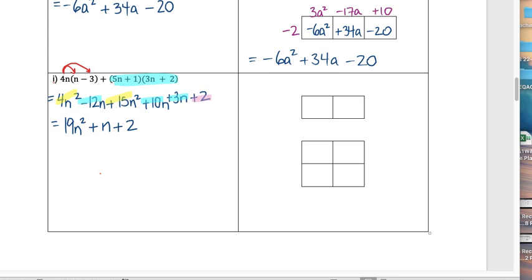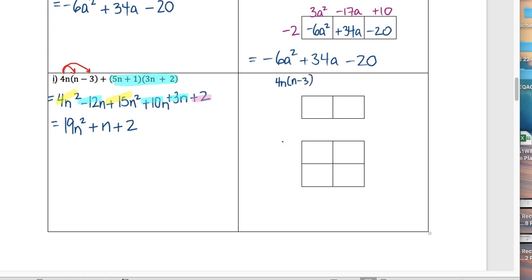Let's use the area model method to see if we can match that answer up. I'm using a 1 by 2 box to take care of the 4n and the n minus 3 calculation.